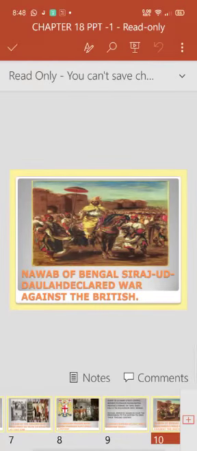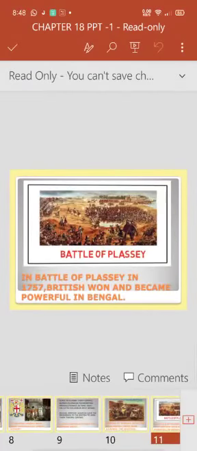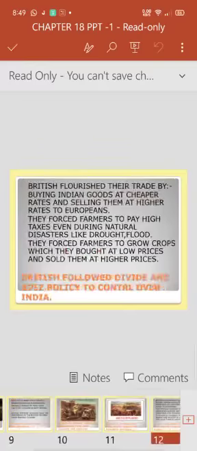But the British did not agree to him, and the war took place in the battle which is named as the Battle of Plassey, but the Nawab was overpowered by the British. He lost the war, and the British became more powerful in West Bengal and started overpowering Indian provinces.